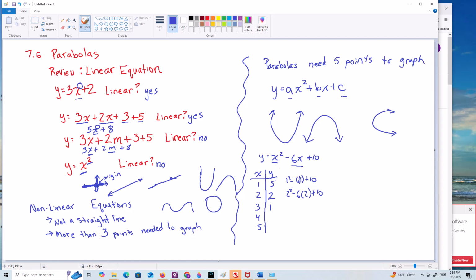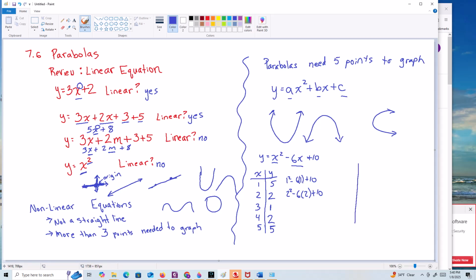And then 4 squared, which would be 16, minus 6 times 4, 24, plus 10 is going to get me 2. And then 5 squared, 25, minus 5 times 6 is 30, plus 10 would get me 5. So the hard work's done. Now all we need to do is graph it.